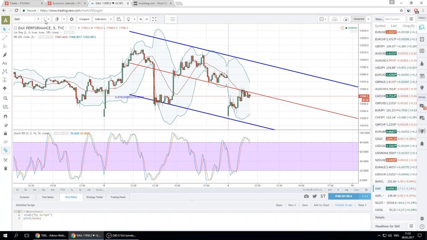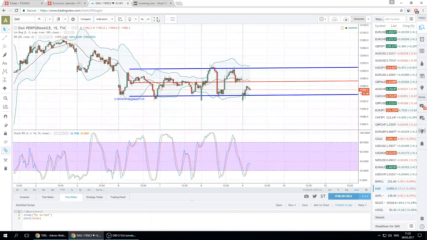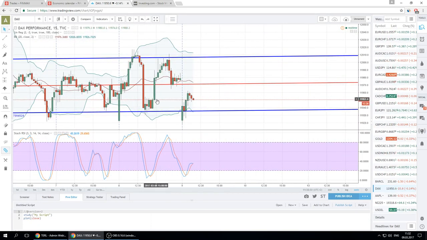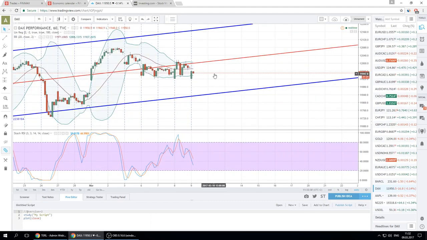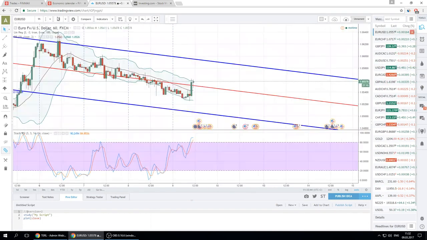Here within this range there is a pretty strong support level, and within this range as well for 1 hour. Not clear, so I'm not going to open the trade if I'm not sure.